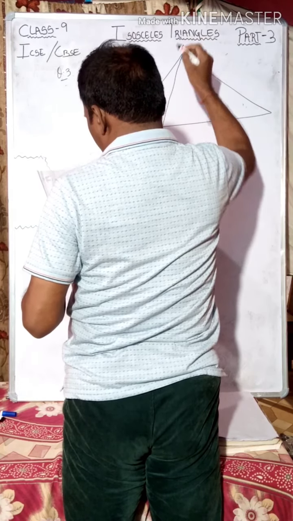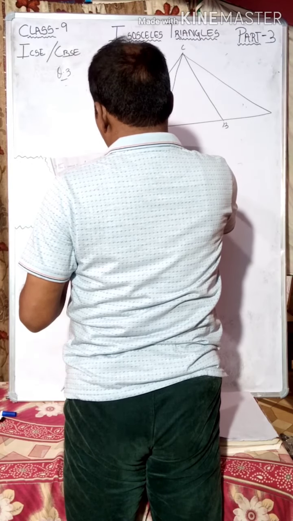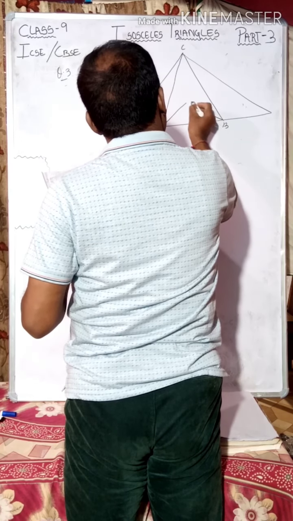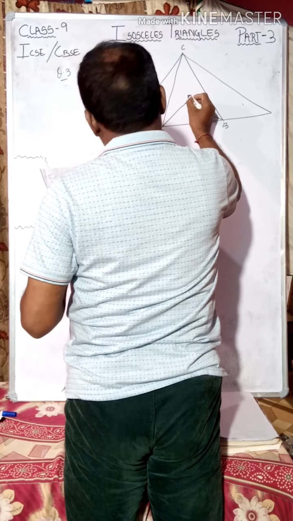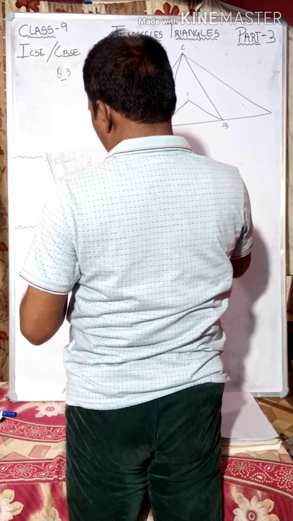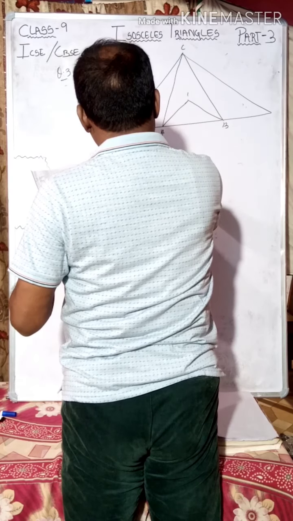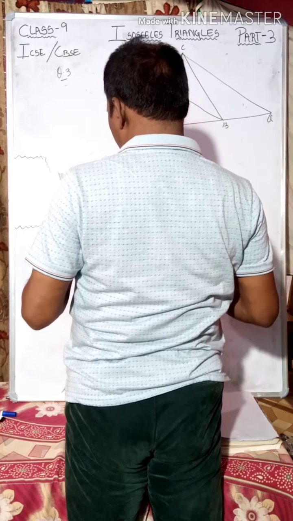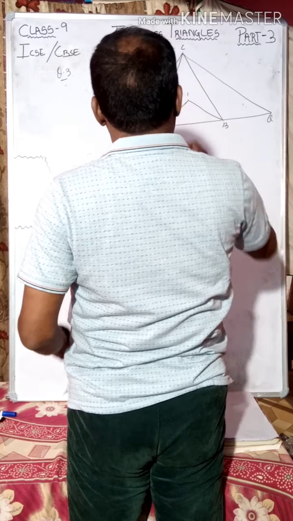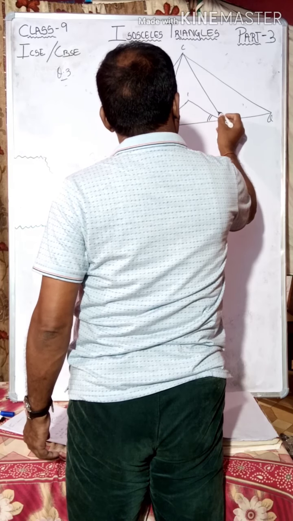Triangle ABC, this is I, this is P, this is Q. This angle is equal to this angle is equal to this angle.